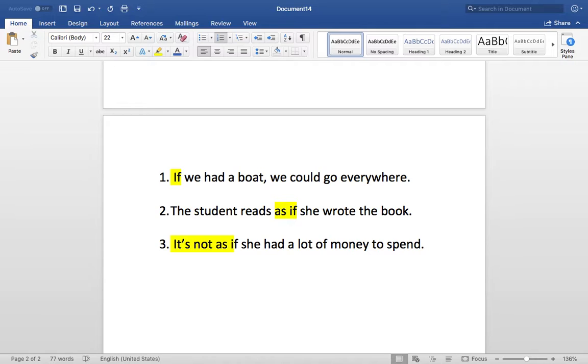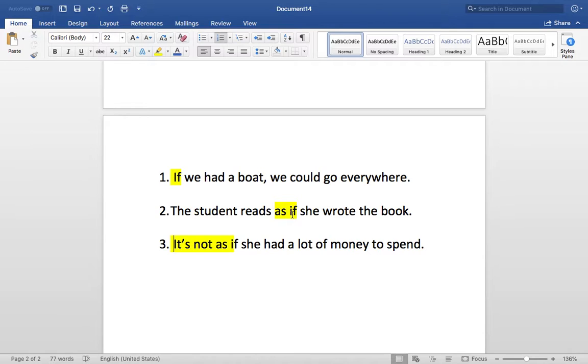But she's not rich, she's just a normal person, and you are pretty much criticizing her, okay? In your head you say, no, she has a lot of money to spend. So the fact is that she does not have a lot of money and she's not rich. She just has a little bit of money that day to go to the mall and spend it, but it's not because she's rich.